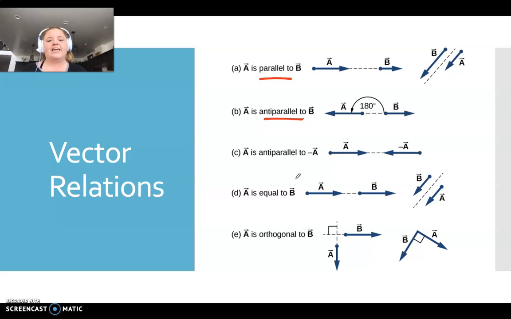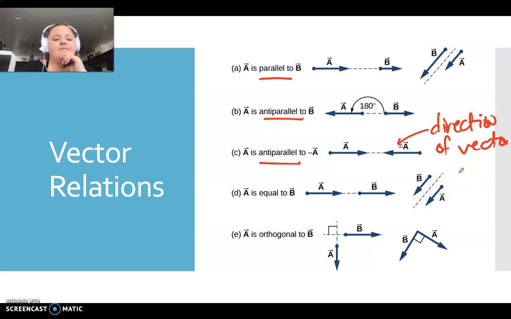And so again, they are anti-parallel. So A is anti-parallel to negative A. So that negative here tells you the direction of the vector.